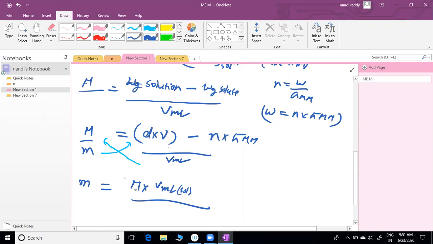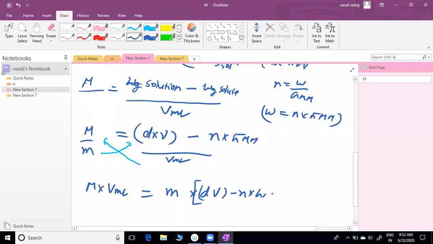Now I can write one more step, better. Some people asked doubt here. M into V mL equal to small m into D into V minus N into gram molecular mass.